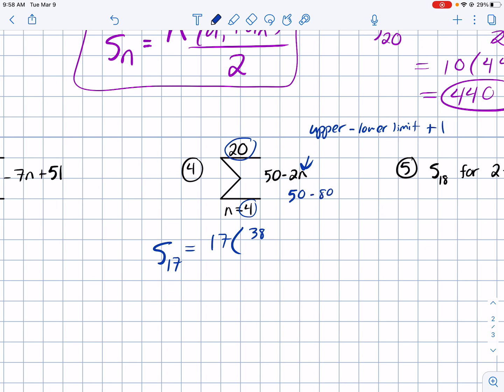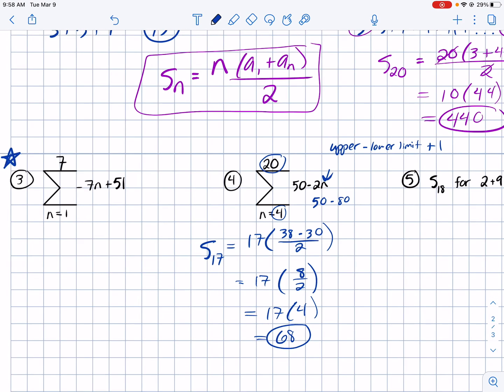So that would be our 30, or negative 30, divided by 2. Okay. Let's go ahead and do the 38 minus 30 first. That's going to be an easier number to cut in half, right? That just gets us 8 divided by 2. We're left with 17 times 4 for a sum of 68, all right?